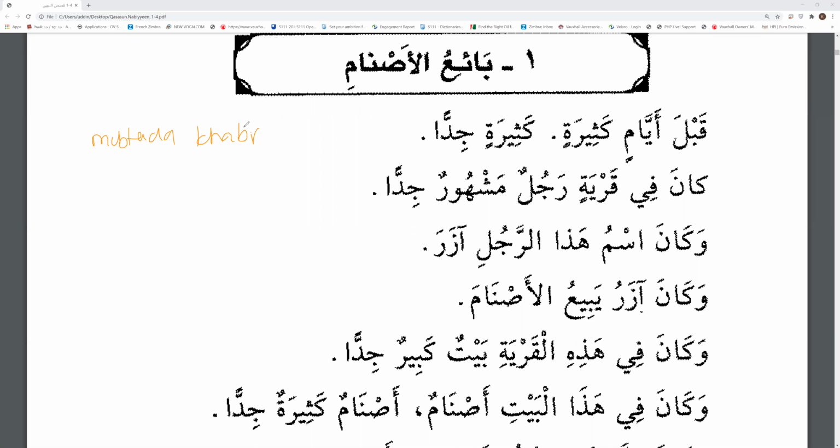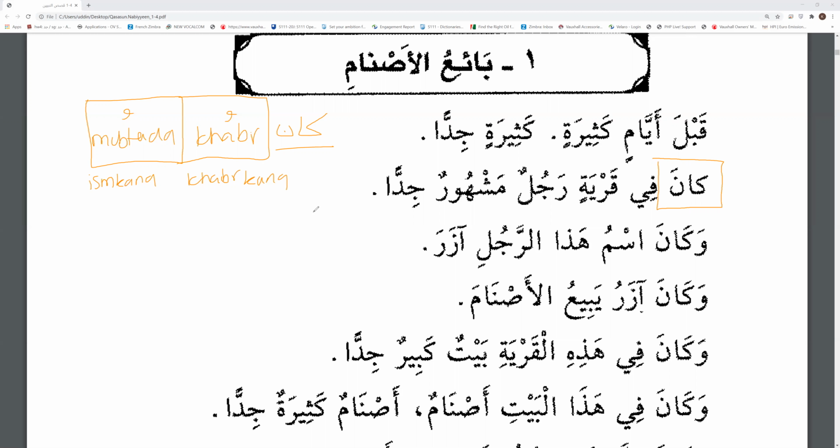You know when this thing here, which says kana in Arabic, when that comes in front of a sentence, okay, in front of a jumla ismiya sentence, so let's put kana here, yeah, the mubtada and the khabar, their names change. Their names become ism kana and khabar kana.